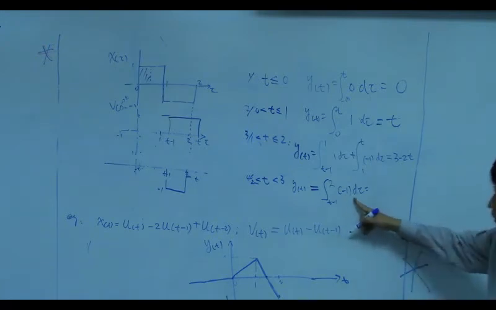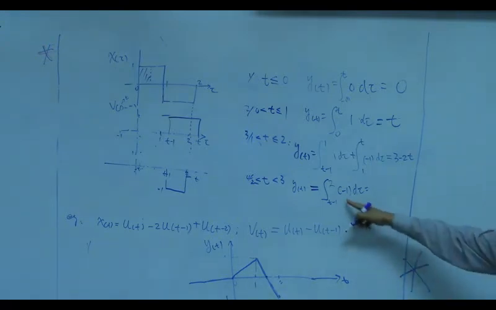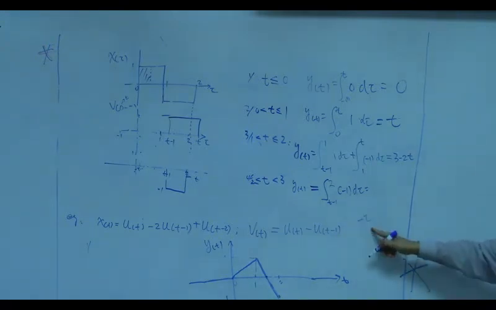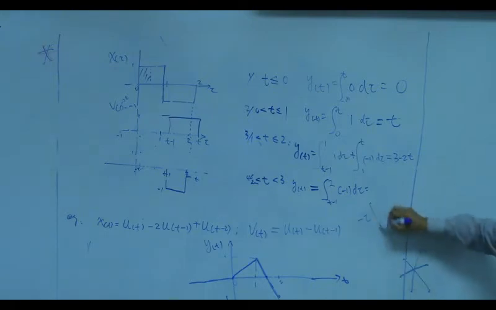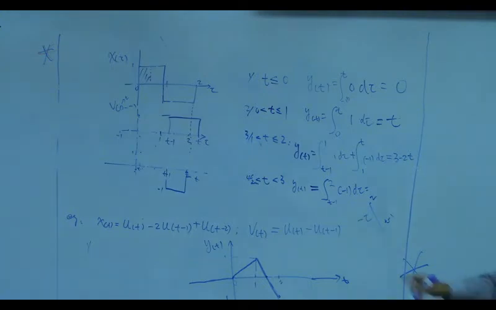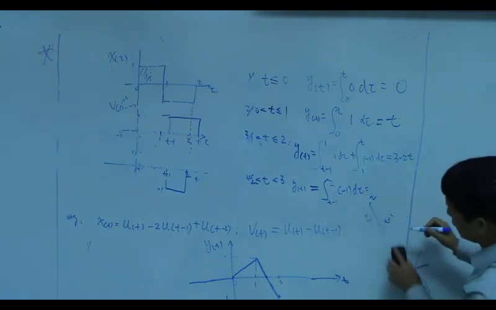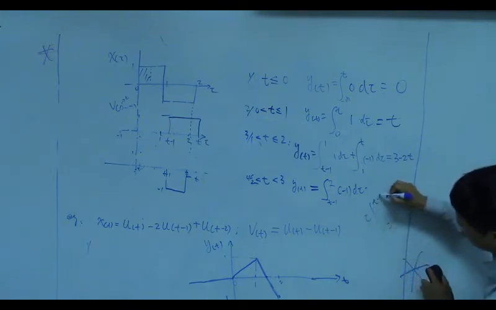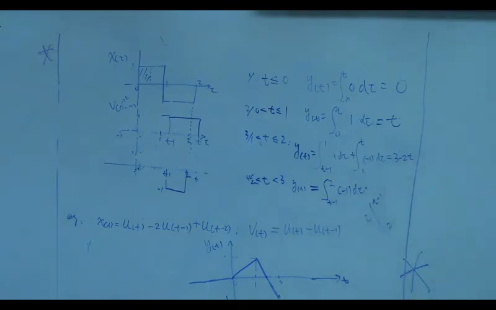This one is negative tau, right? Negative 1 d tau, integral of negative tau, then from 2 to t minus 1. So we can change this one to positive, then switch the position. The same thing. So that means this is t minus 1, and this is minus 2.